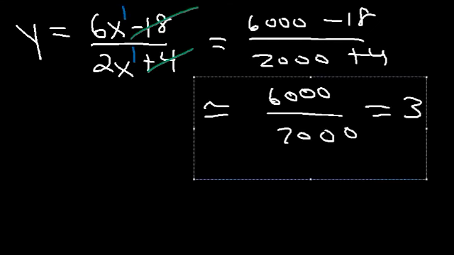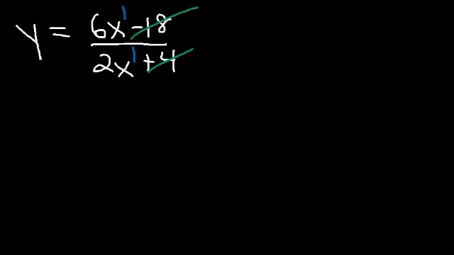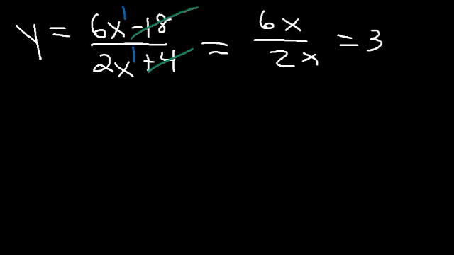So to quickly find the horizontal asymptote, it's just going to be 6x divided by 2x, which is 3. So when x becomes very large, y approaches 3. That's the end behavior of the function, on both the right side and the left side. So that's the horizontal asymptote for this function. It's y is equal to 3.